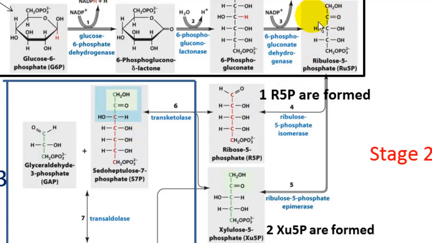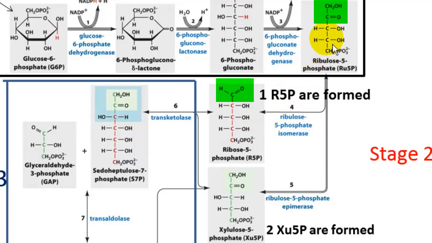And you can actually see the chemistry here. The chemistry occurs when this ketone gets converted to the aldehyde. That's actually a tautomerization reaction, keto-aldo tautomerization. So the isomerase takes ribulose 5-phosphate and converts it to ribose 5-phosphate.